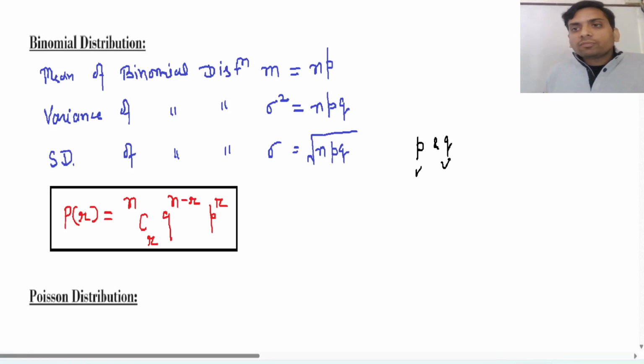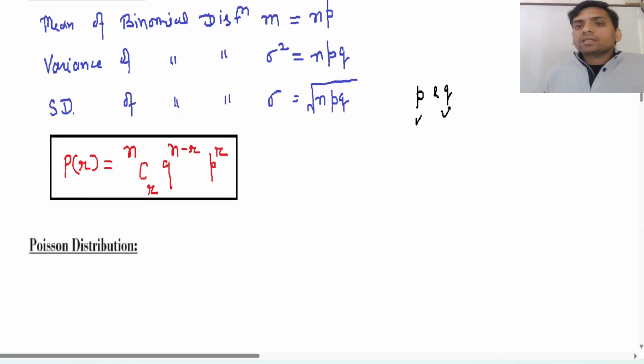But in case of Poisson distribution, just like one defect out of 200 pages of a book, this is P, and probability of not defect is 199 divided by 200.